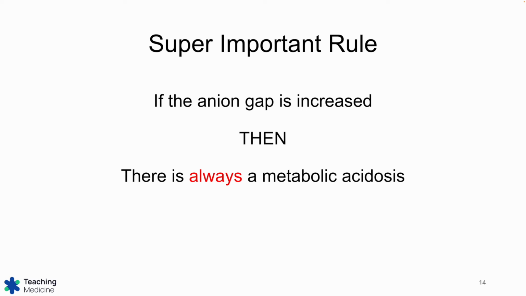And a super important rule: if the anion gap is increased, and that means greater than 12, then there is always a metabolic acidosis process happening. And in a few podcasts into the future, we're going to show you how you can use the anion gap to determine if you have multiple metabolic processes.